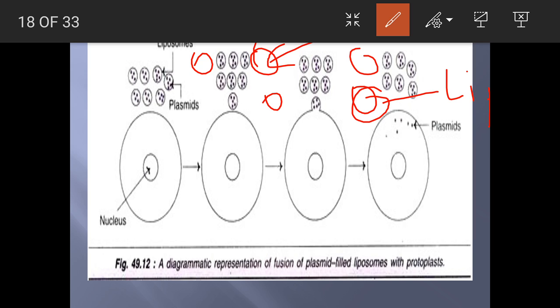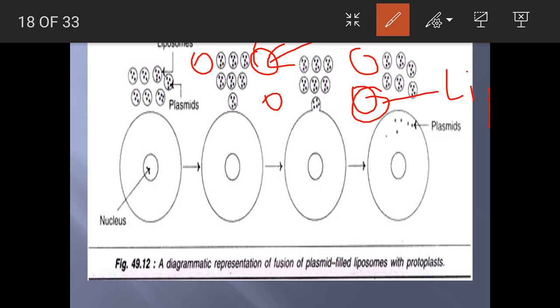That is the reason the composition of the cell membrane and the composition of the membrane of the liposomes must be the same, in order to deliver our desired gene or DNA into the host.